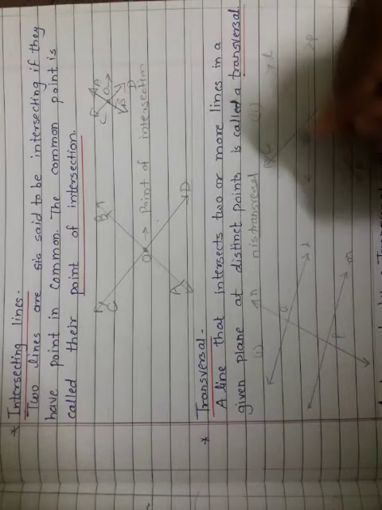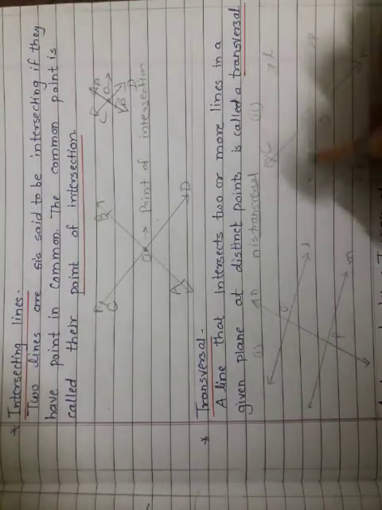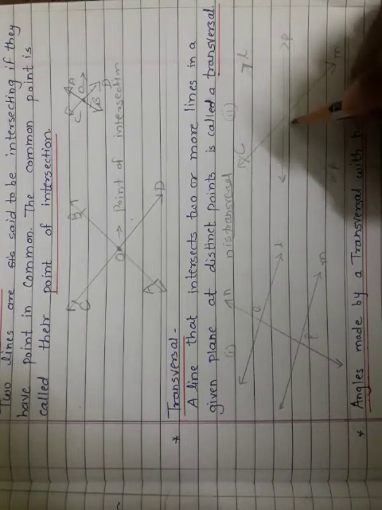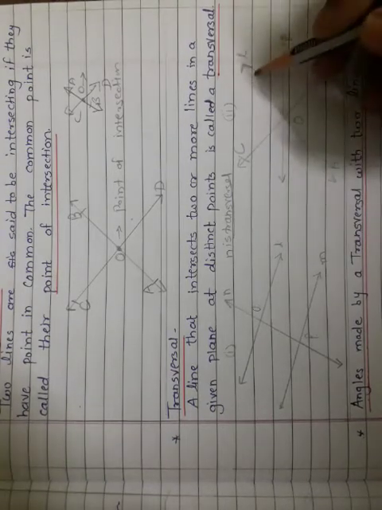See in this second figure, the lines are not parallel here, and here we can't decide the transversal because there are no two distinct points. Suppose L is a transversal, but it is not intersecting these two lines at two distinct points, so this is not a transversal.